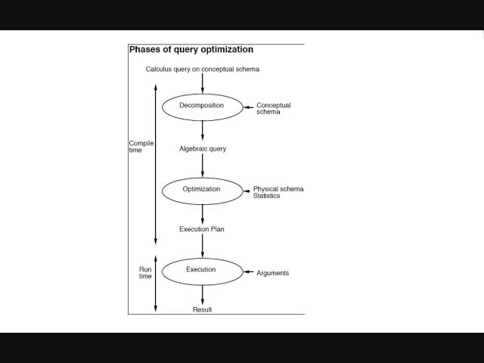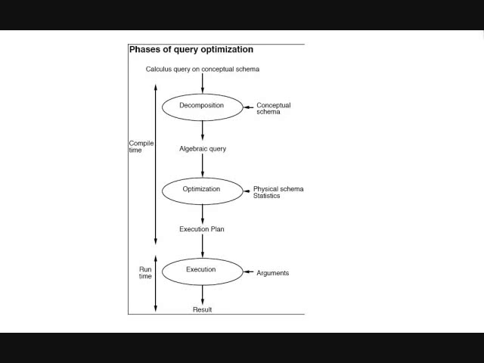So the overview of this process: we start with a calculus query on the conceptual schema, in other words, some SQL. And we decompose that, we bring in the conceptual schema, we turn that into an algebraic query. So first of all, we take our relational calculus, SQL, and turn it into some sort of relational algebra representation.